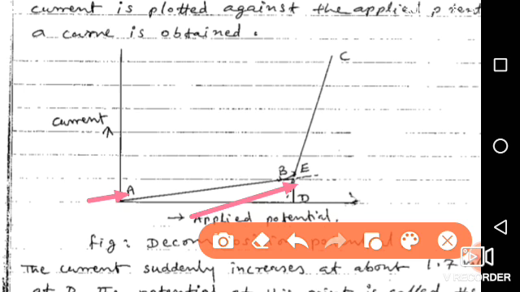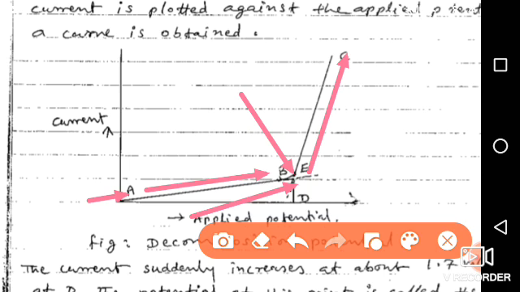With the increasing potential, a slight increase in the current takes place as time passes, and the gradual increase in the potential continues until a point is reached at which a sudden increase in the current is observed.